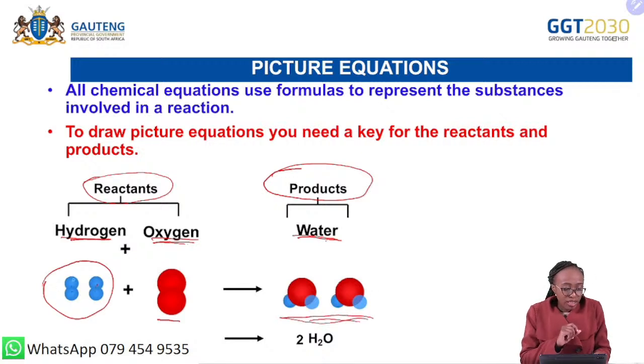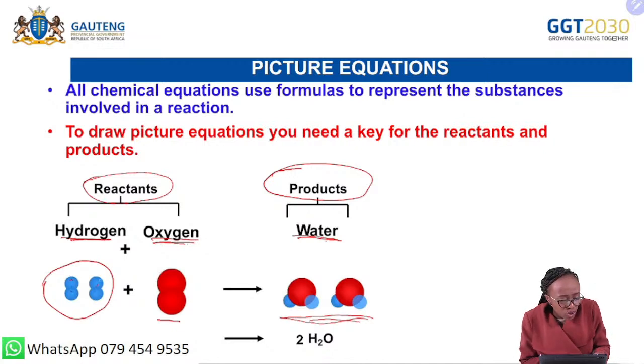The reason why our hydrogen and our oxygen are in twos is, remember when we were learning about molecules, we said some atoms of some elements naturally occur as diatomic molecules. So hydrogen and oxygen are among those elements whose atoms naturally occur as diatomic molecules.